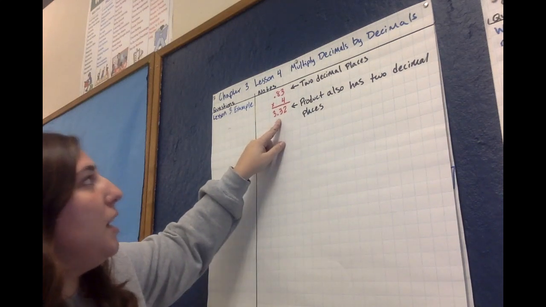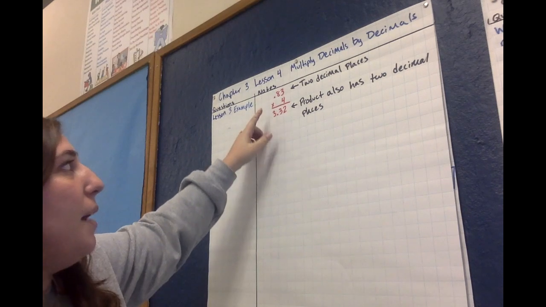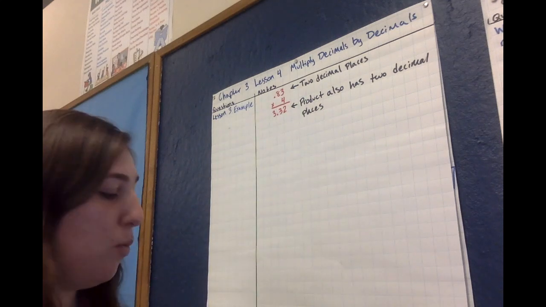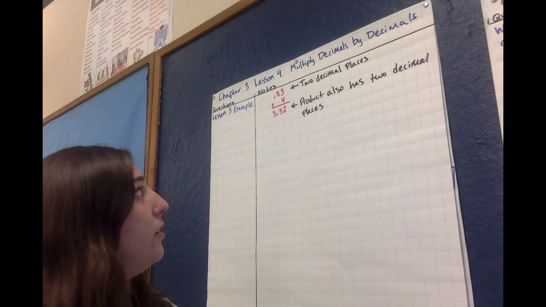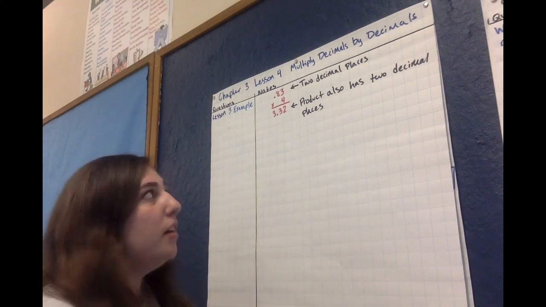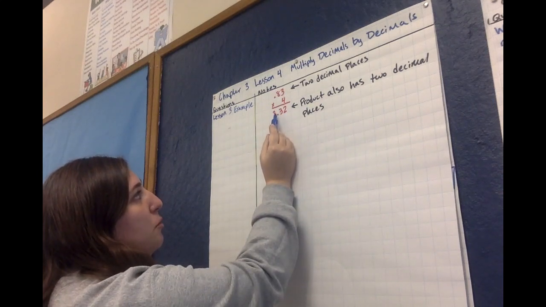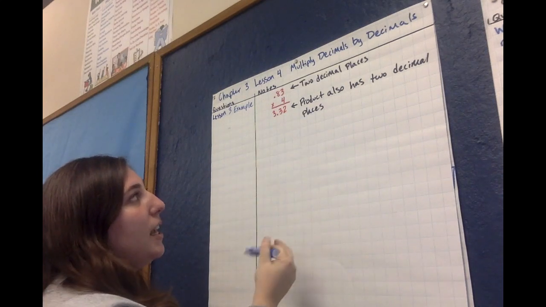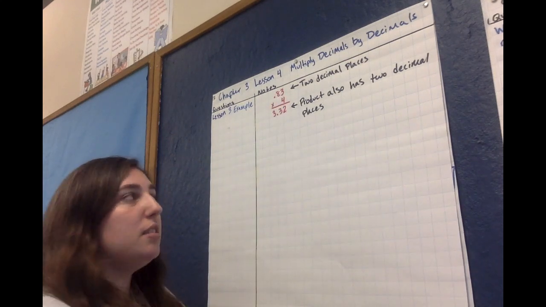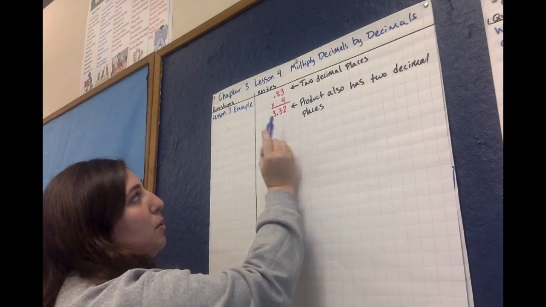So in Lesson 3, again, we were multiplying a decimal by a whole number. And I talked a lot about keeping the decimal in the same spot, but what I really wanted you all to understand is that the reason we're keeping the decimal in the same spot, so the same place, so my decimal here is right here, and then I'm dropping the decimal down, it's in the same place, is because this number right here has two decimal places, so I'm going to make sure that my product is also going to have two decimal places.